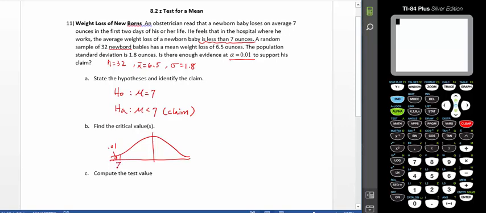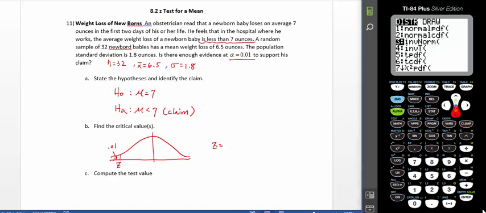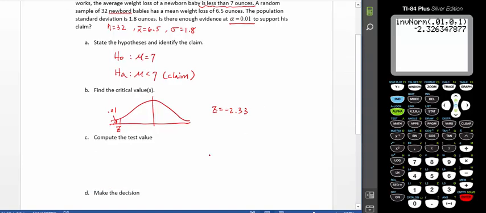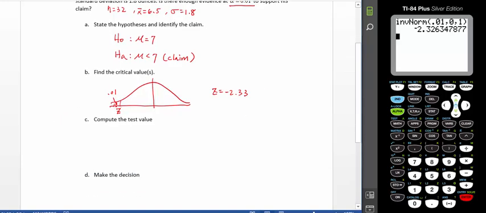So this would be the critical value z, and that z score is, let's look at it, second VARS, inverse norm 0.01. Negative 2.33. So anything to the left of negative 2.33 is considered the rejection region.